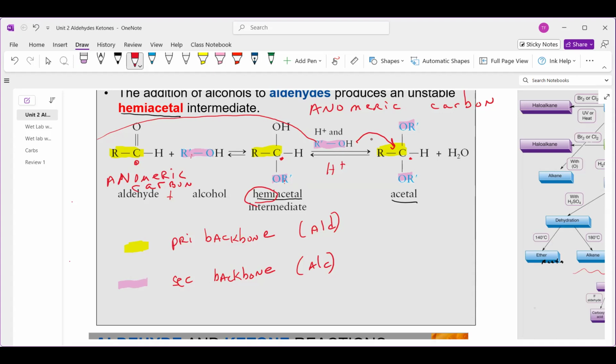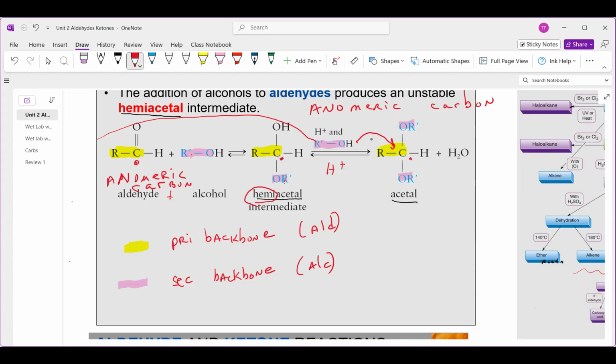Okay. So we're going to have two kinds of molecules formed. We start with an aldehyde, it's going to be an acetal. We start with a ketone, it's going to be called a ketal to distinguish what was the original molecule. Now, the anomeric carbon is retained. That's still the same carbon from which everything happened.